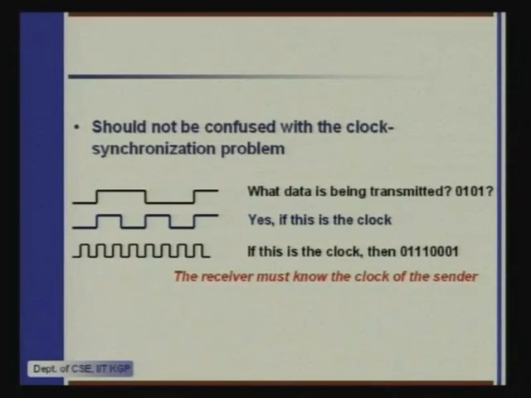Now, when we are talking about logical clocks etc., it has nothing to do with this real time clock synchronization. It is the notion that we introduce to be able to order the different events and the temporal relationships between them, right?